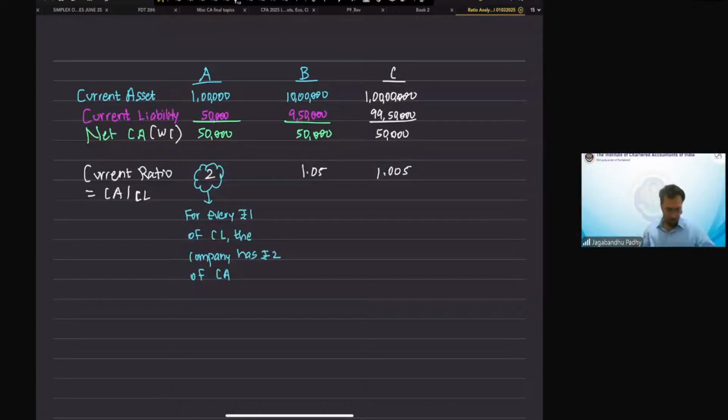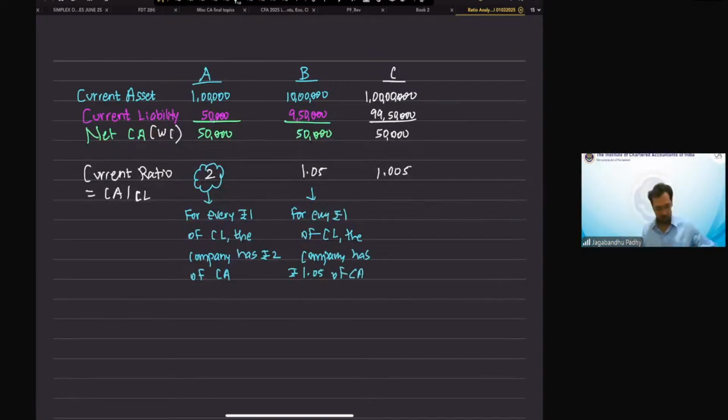And in the same way, here, for every 1 rupee of current liability, the company has rupees 1.05 of current asset.